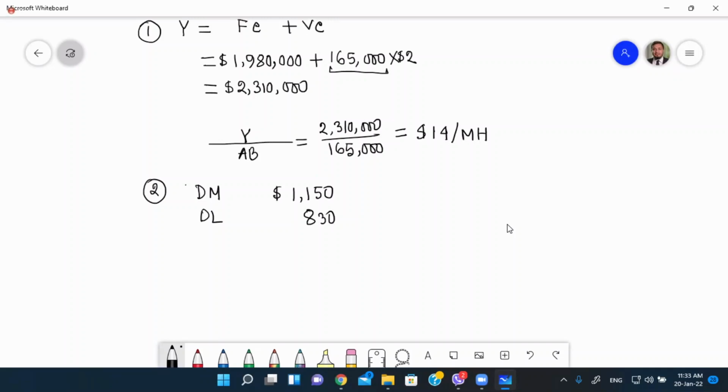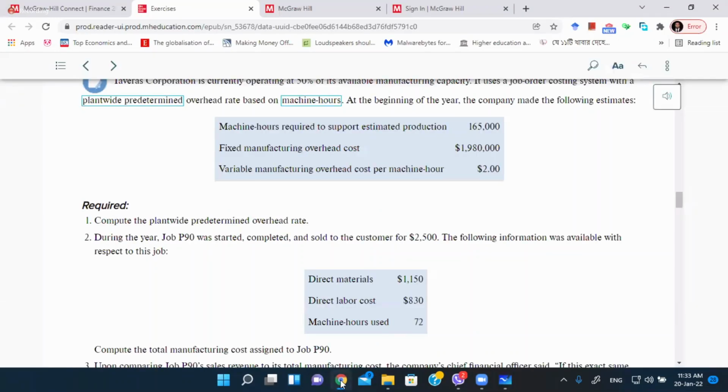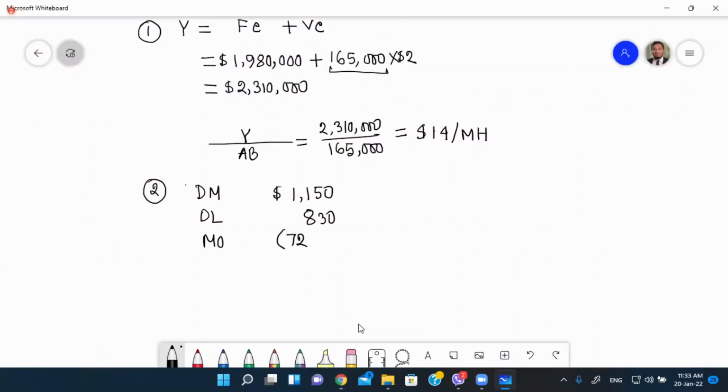And we need to find out the manufacturing overhead. Note that there are machine hours used 72. And we know that for each machine hour, we have the overhead expenses of $14 per machine hour. So we have $1,008.